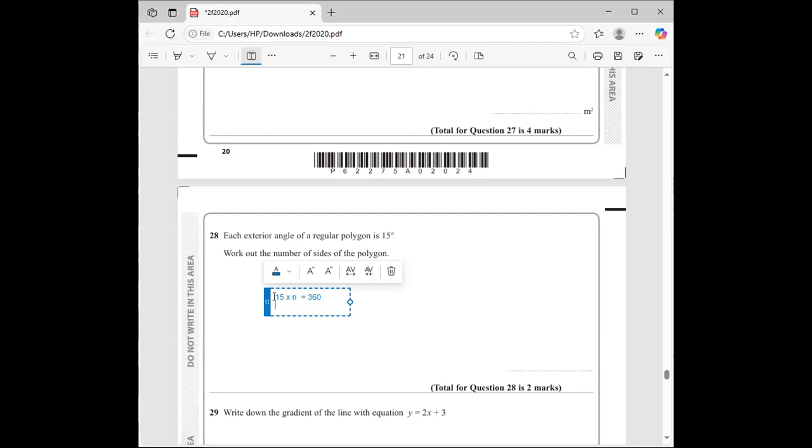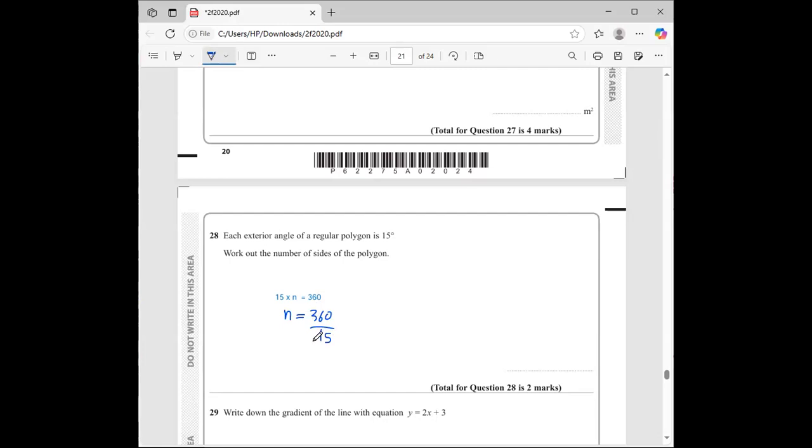So to find n, what are we going to do to both sides? Divide by 15. So n will be equal to 360 divided by 15. This looks quite simple, like a two-step thing, so I'm not surprised that they gave only 2 marks for the question.